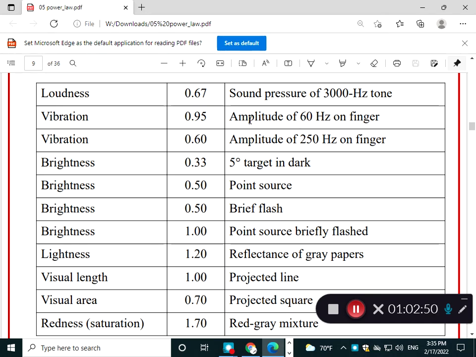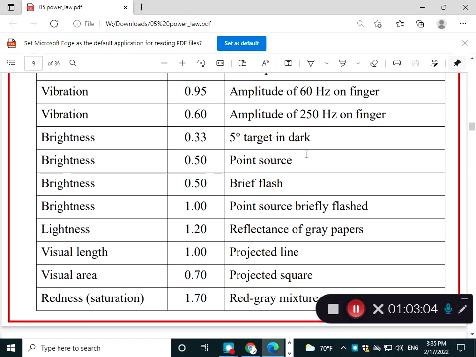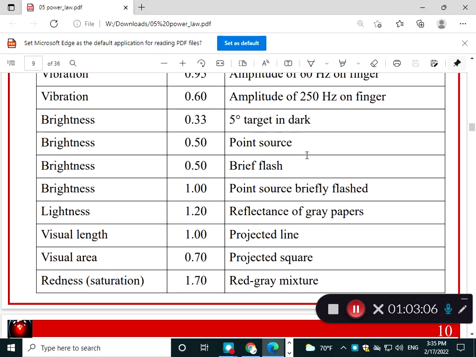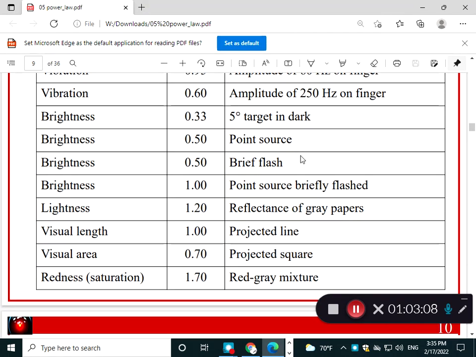Okay, some numbers, loudness. If you're in a very, very loud environment, like a disco club, after a while you get used to it. If you're in very, very loud working conditions, after a while you have hearing loss, but you get used to it. Okay?